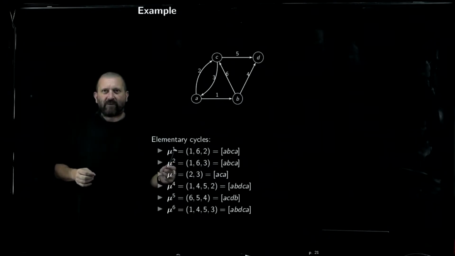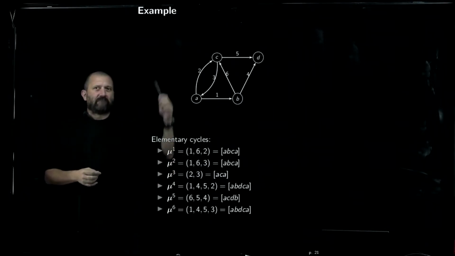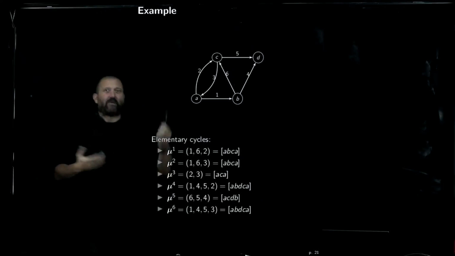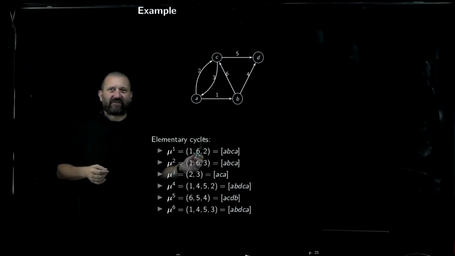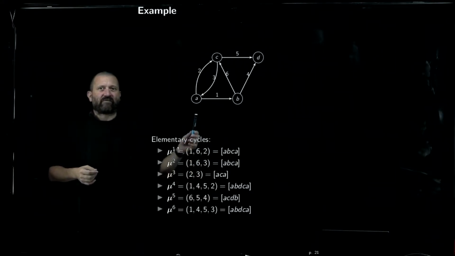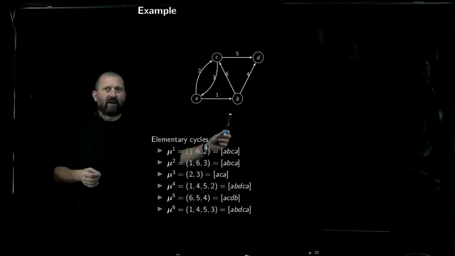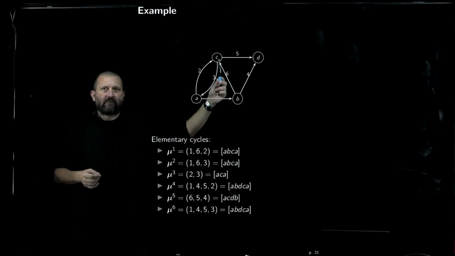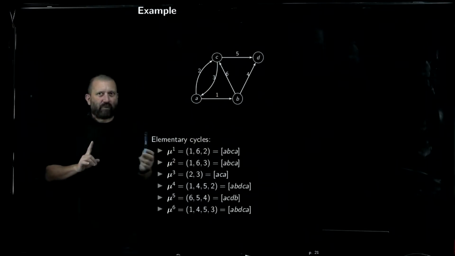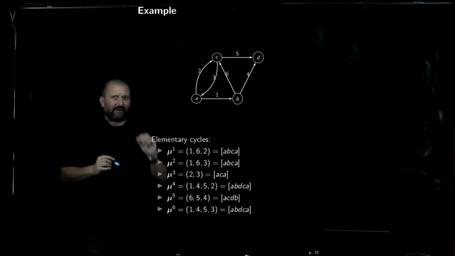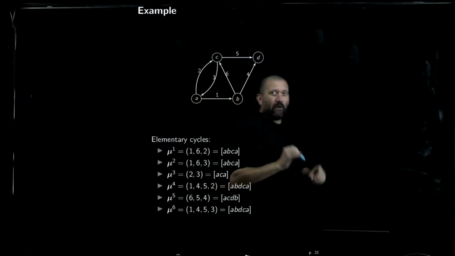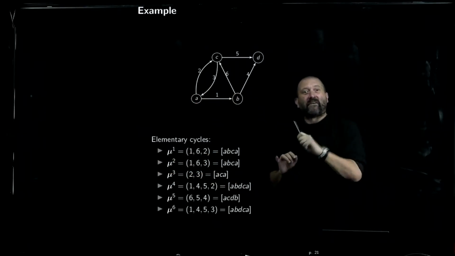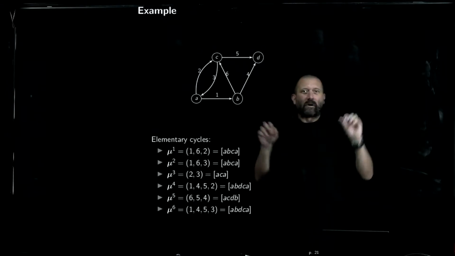So the first one, I'll call it mu superscript 1. It's not an exponent, it's just a 1. And it's the cycle that goes through arc 1, arc 6, and arc 2. And this is an important remark here. That first cycle points out something that is really important, which is that we can take arcs in the wrong direction.